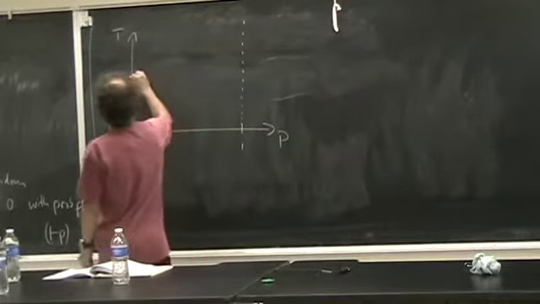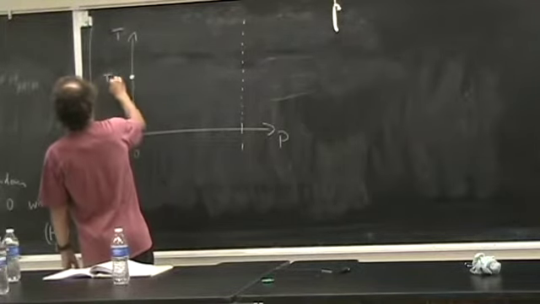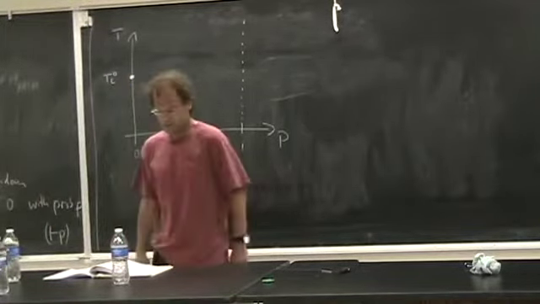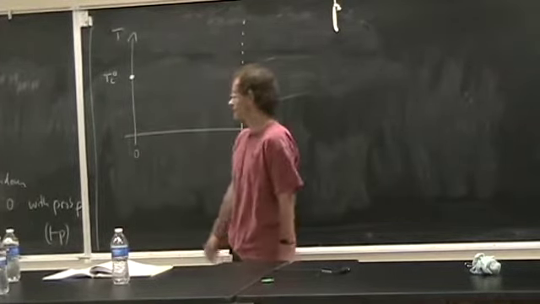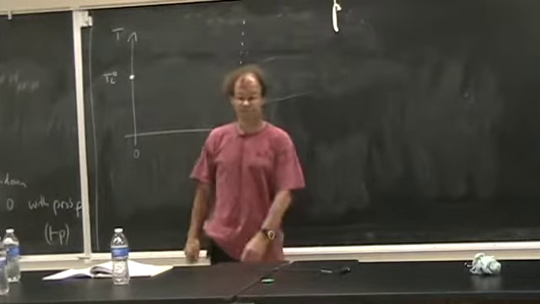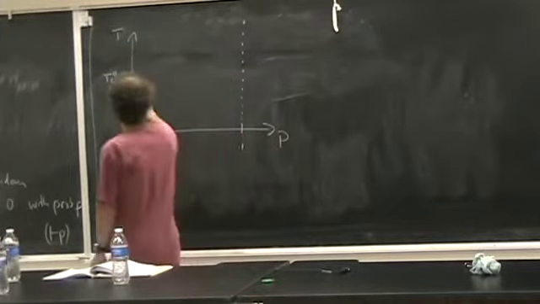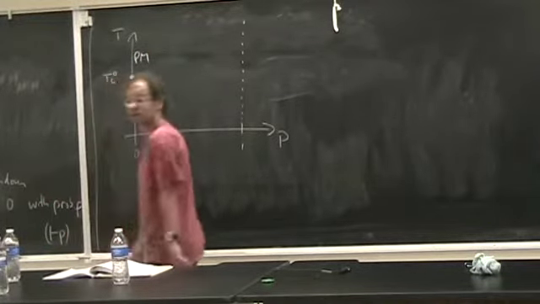So there will be some Tc. That's Tc of the clean system, Tc of the undiluted system. And we know we have a ferromagnet here and a paramagnet here. Okay, so far so good.